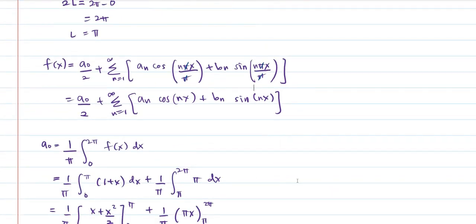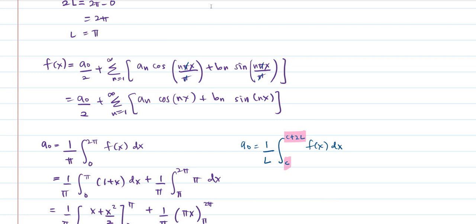For a naught, we need to calculate from 0 to 2π. a naught is equal to 1 over L integrate from c to c plus 2L of f(x) dx. This is what we are going to apply for this question, so instead of negative L to L, it is c to c plus 2L.